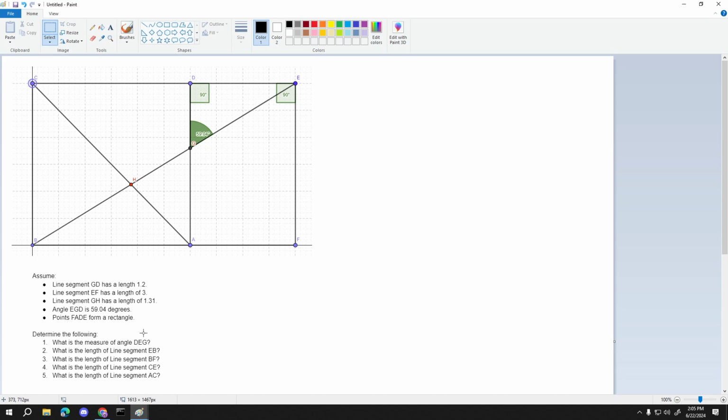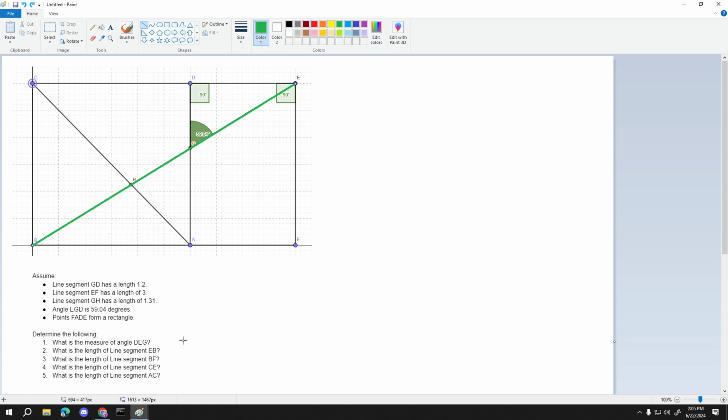So determine the following. What is the angle DEG? So we are looking for this angle, DEG. Number 2, what is the length of the line segment EB? So we're looking for this.